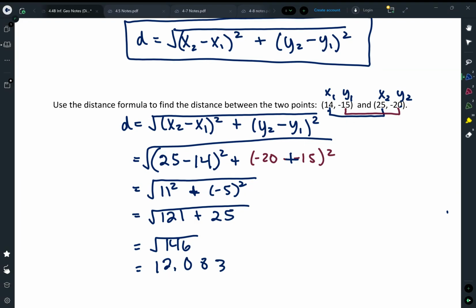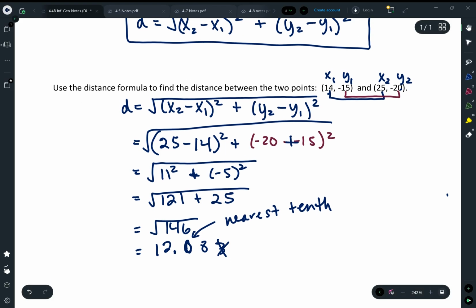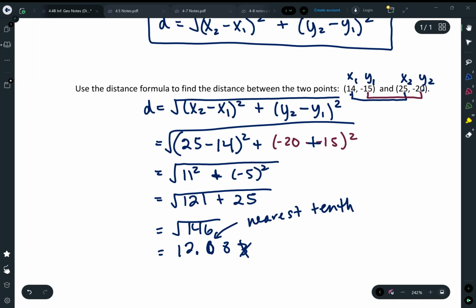It goes on and on and on. But if I want to round to the nearest tenth, then I look one more place after that. So I'm going to look at the 8, and because it's an 8, I'm going to round the tenths place up, and so I'm going to call it 12.1.